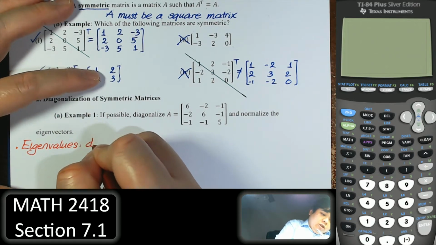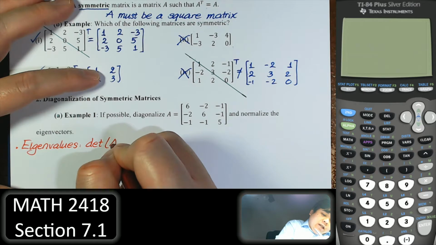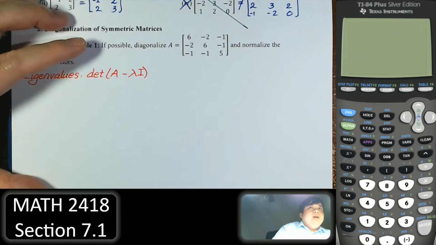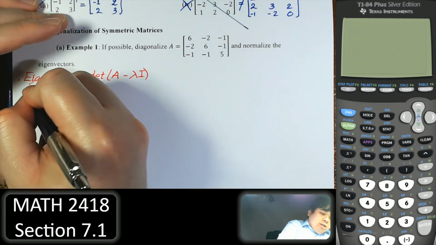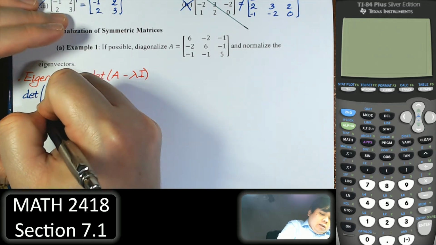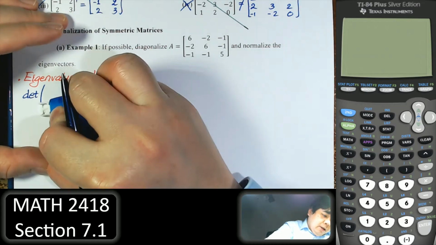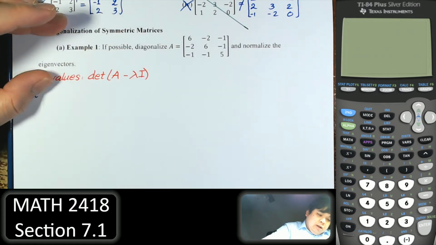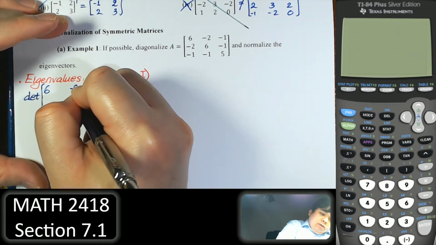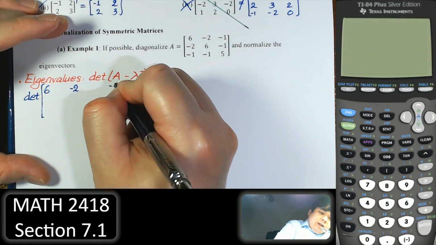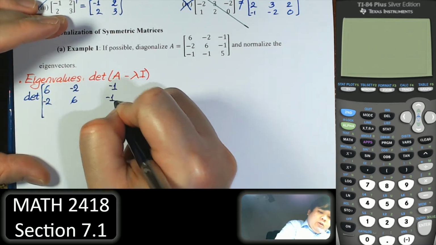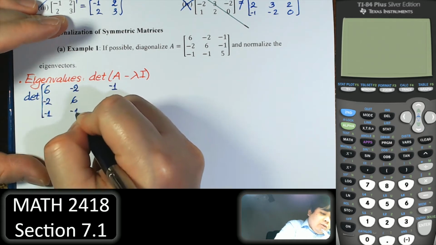Which means we solve the equation determinant of A minus lambda I equals 0. So we will have the determinant of the matrix A: 6, -2, -1; -2, 6, -1; -1, -1, and 5.